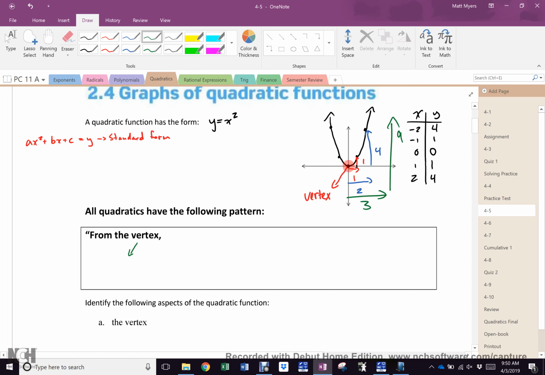But parabolas can turn. This is still a parabola. Okay? So I don't like to say the lowest point. I like to say the vertex is where the curve turns back.